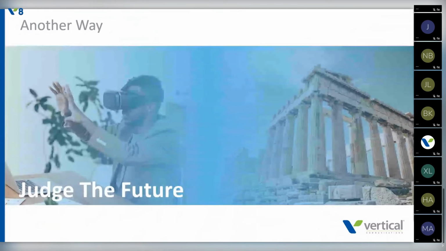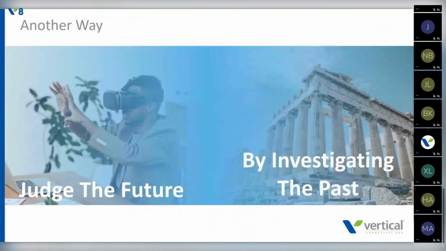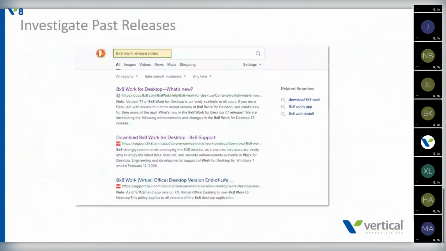You can judge their future by actually looking backwards at their roadmap and seeing what they've actually done. So what I mean by this is go investigate their past releases. Go to a search engine, put in 8x8 work release notes. If you want 8x8, put in Mitel, RingCentral, whoever, and then find where they've got their what's new or their release notes.